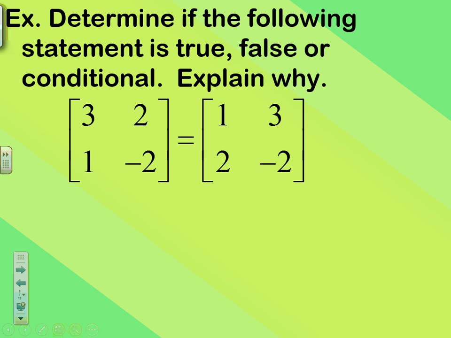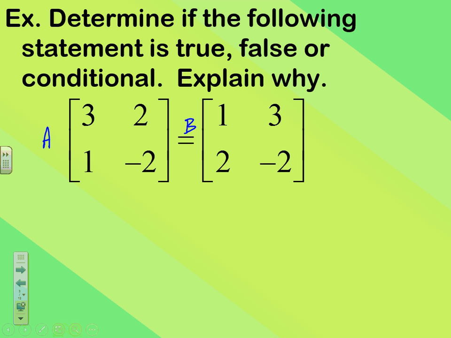Here we have an example where we're asked, out of the two matrices on the screen, are they equal to each other? Just to keep things consistent, let's call this matrix A and this matrix B. Is matrix A equal to matrix B? Looking at the numbers of matrix A, I have a 3, a 2, a 1, and a negative 2.